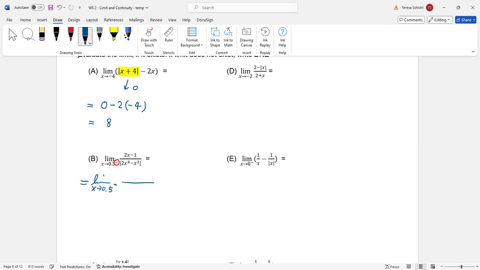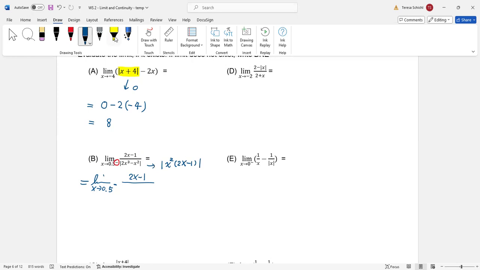The top does not have an absolute value, so we put 2x minus 1 there. For the bottom, I can do a little factoring. I can factor the x squared out, then we have 2x minus 1, and the whole thing is still inside the absolute value.